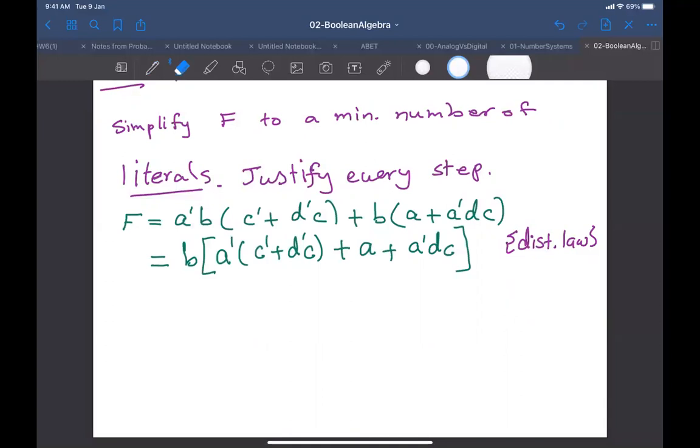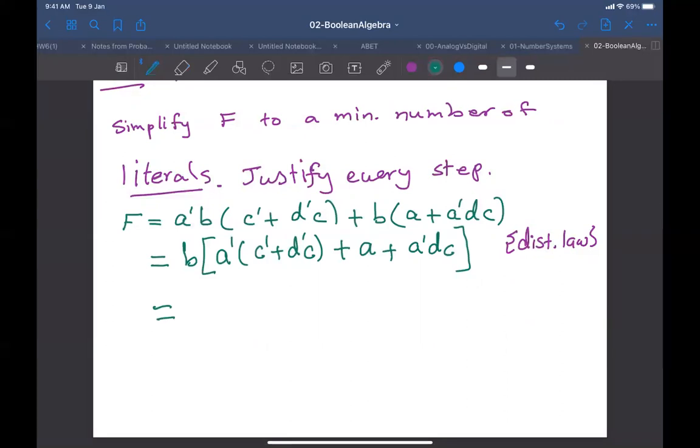Next, what can we do here? What law can we use in order to further simplify the expression? Now you see that the number of literals has reduced by one. Let's count the number of literals. The original expression has 10 literals.